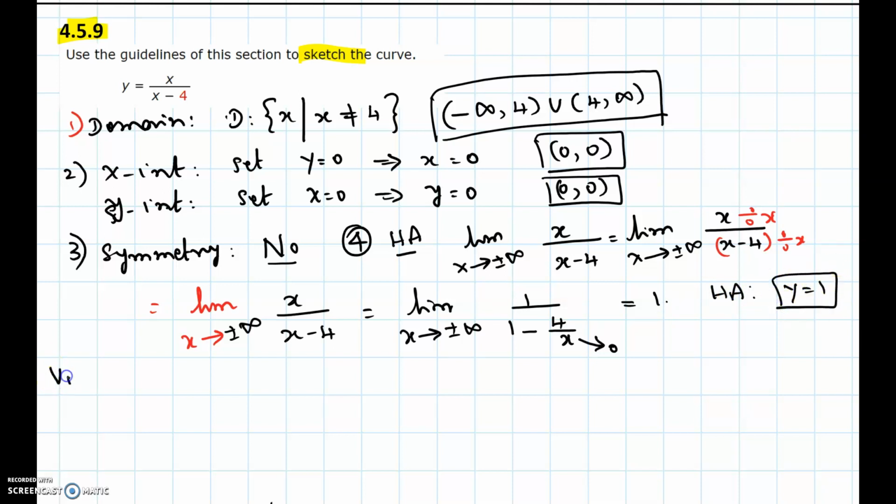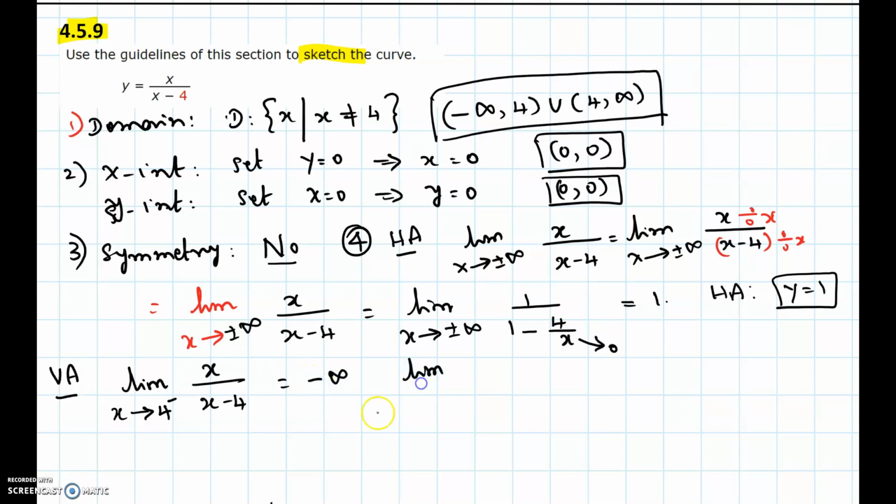Now, in order to get the vertical asymptote, because the denominator has x minus 4, we'll allow x to approach 4 from the left side of 4 and the right side of 4. When you allow it to approach from the left side of 4, x over x minus 4 would become negative infinity.